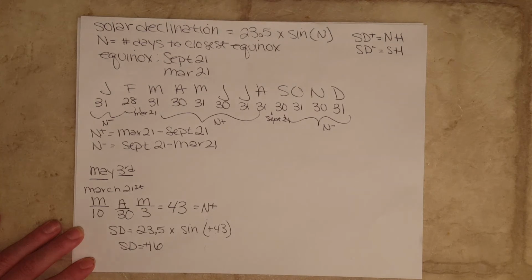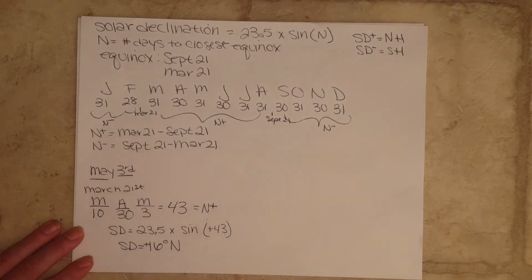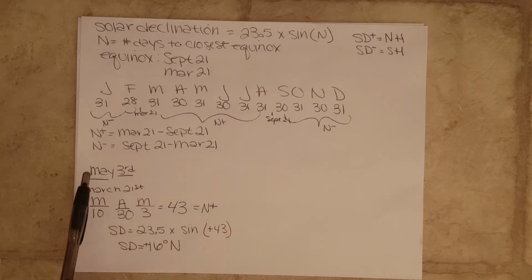So for this particular one, we know that we are looking at a solar declination of 16 degrees north. Now, in your answer, it either needs to say 16 degrees north in this case, or positive 16 degrees, to show me that you know that we're in the northern hemisphere. So what that means for us is on May 3rd, if we want to go outside at noon and look straight up and basically be blinded by the sun, we would need it to be right around 16 degrees north.